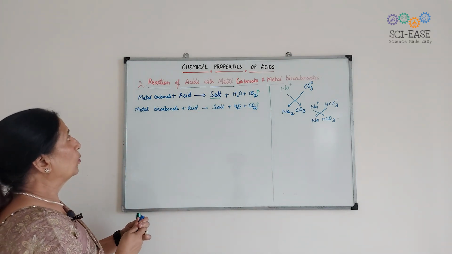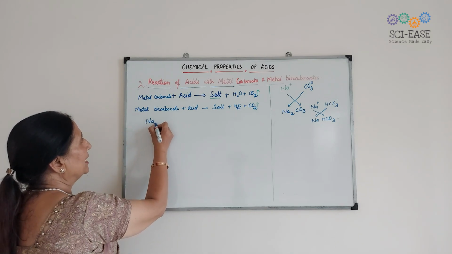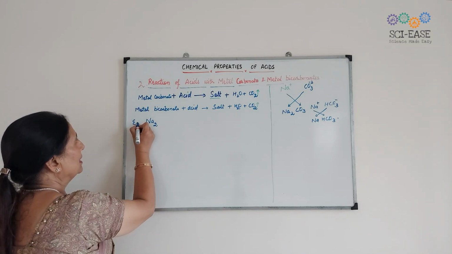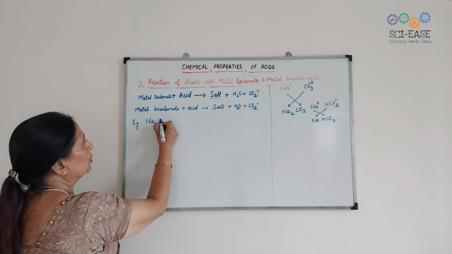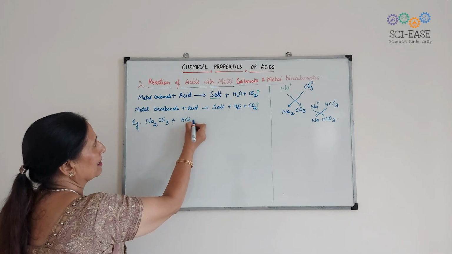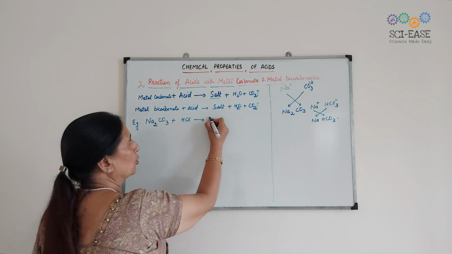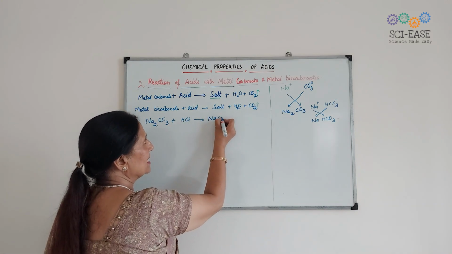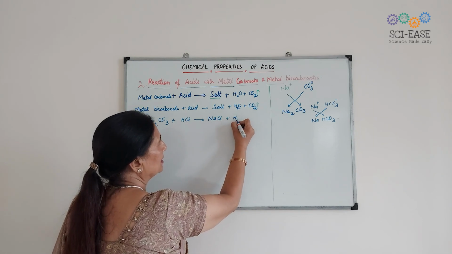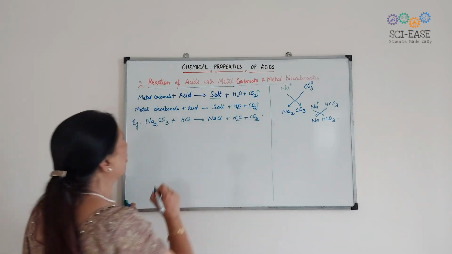I will take one example, sodium carbonate. Na2CO3 plus HCl. This will result in, because it is HCl, the chloride of sodium, NaCl, plus water plus carbon dioxide.